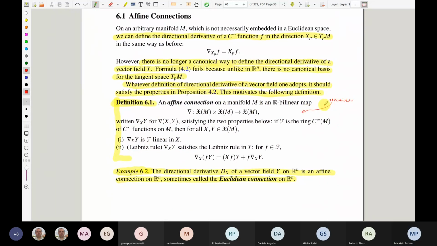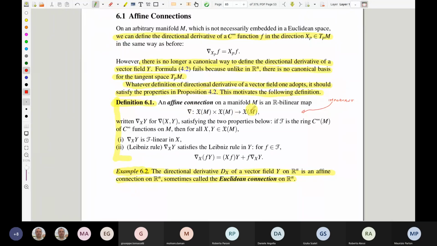This is important, because this is the way a mathematician thinks about things. Meaning, we extracted information from a very specific case, that is Rn. And now we want to do something similar on a general manifold. So we say, okay, let's try.